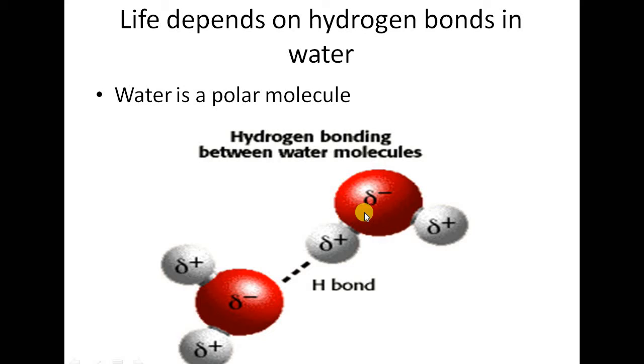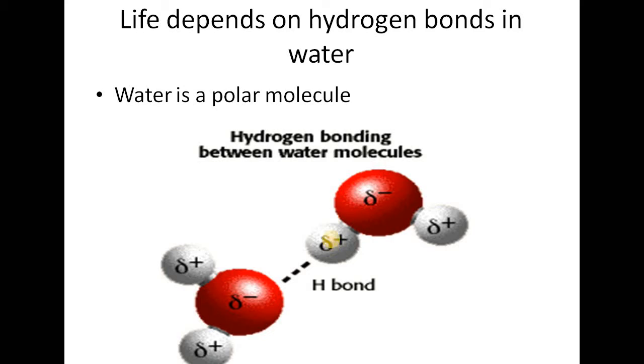As we said previously, the water molecule has covalent bonds: a covalent bond between the oxygen atom and this hydrogen atom, and another covalent bond between this hydrogen atom and the oxygen atom. Now, the pair of electrons tends to be closer to the oxygen atom and a little bit far from the hydrogen atom.